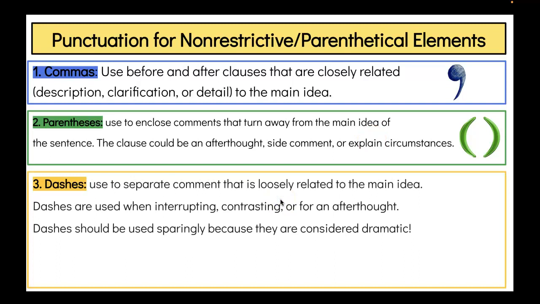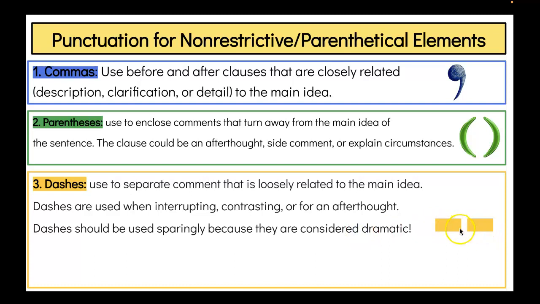And then dashes separate a comment that is loosely related to the main idea. They are used when interrupting or contrasting or giving an afterthought. And so we kind of think of them as being the dramatic punctuation mark. We want to use them sparingly. Don't use them too much. And they look like that.